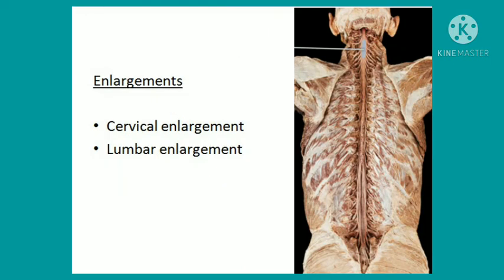The enlargement of the spinal cord. The spinal cord is roughly cylindrical in shape with an average diameter of about 1.25 cm.